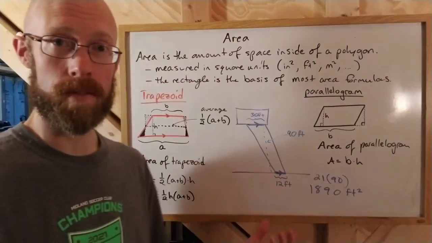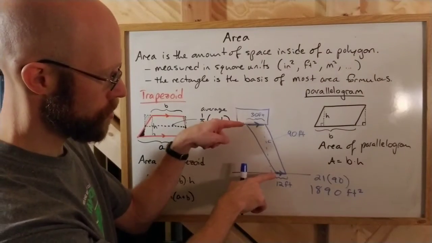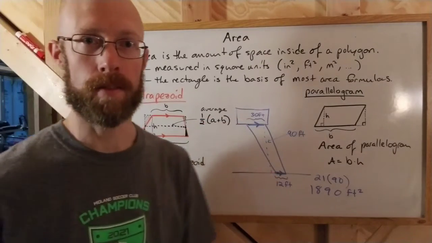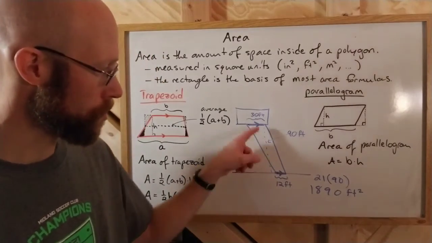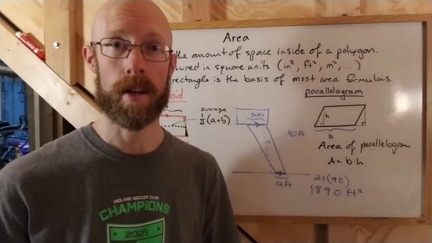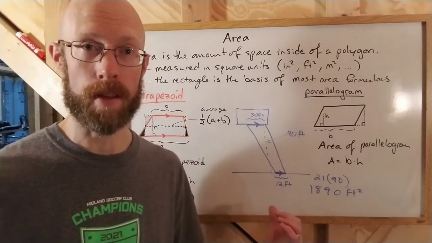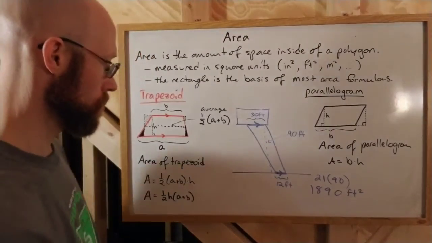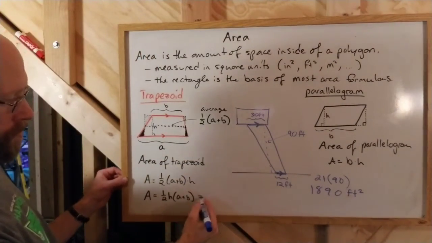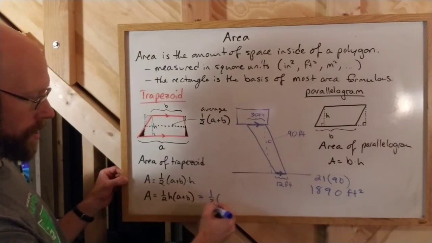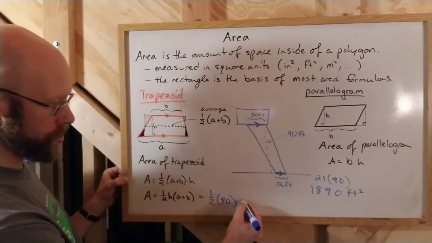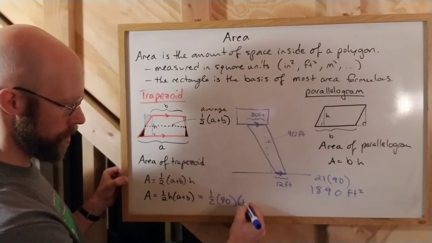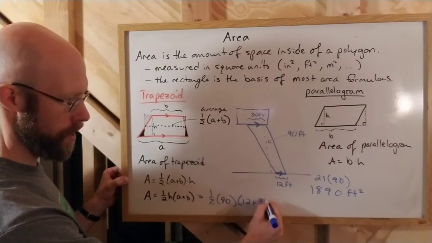And that's really all you have to do. You average the two parallel sides and multiply by the distance between them. And even if it goes outside of the trapezoid, it doesn't matter because the formula is the same either way. If you use the actual formula here, it's 1/2 times the height, which is 90, times the sum of those two, which is 12 plus 30, right?